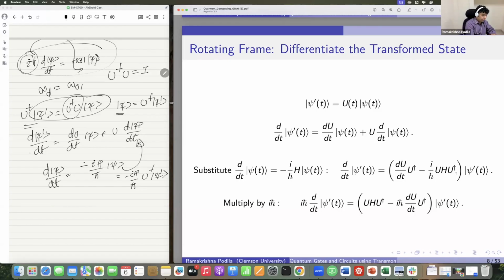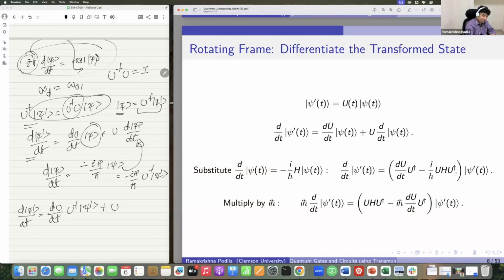So we could then see that this d psi prime by dt is again the psi. I'm going to write it as U dagger psi prime. So then I would get dU by dt, and we have U dagger psi prime, right?